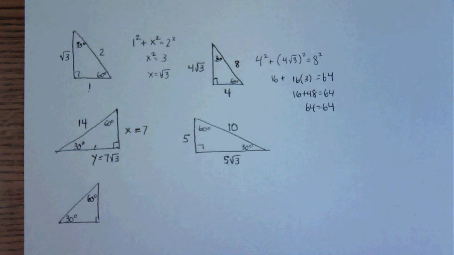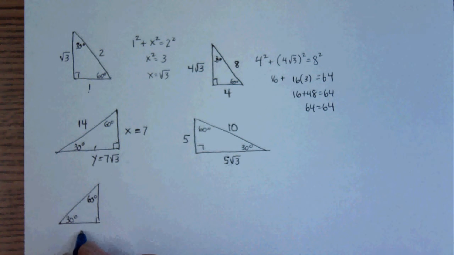And I think I'm just going to put some really weird number like 7 across from the 60 degree angle. Now, it's too bad that it isn't 7 square roots of 3, because if it were, we would know across from the 30 would be a 7, and across from the 90 would be a 14, like the picture straight above here.